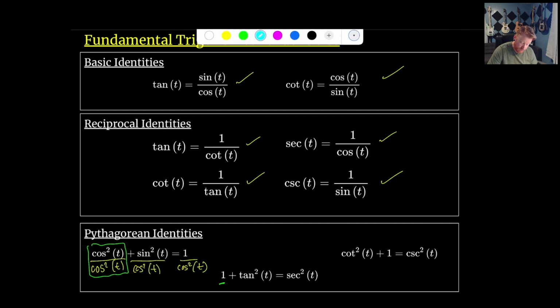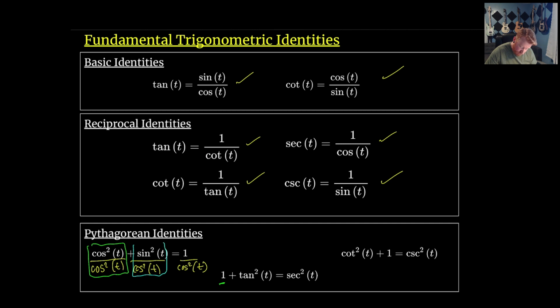And if we look at the sine squared of t over the cosine squared of t, well, sine over cosine is tangent, so if you square them, then you get the tangent squared of t. We could work that out a little bit more rigorously, but you can trust me that works out. And then we've got 1 over the cosine squared t, which is just the secant squared t. So we are just dividing both sides by cosine squared t, and we are getting this new relationship here of 1 plus the tangent squared t is equal to the secant squared t. So whenever you see one or the other of those expressions, either 1 plus tangent squared or secant squared of t, you can always just substitute in the other one.